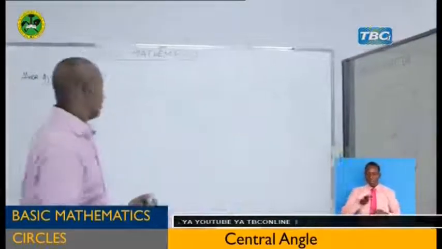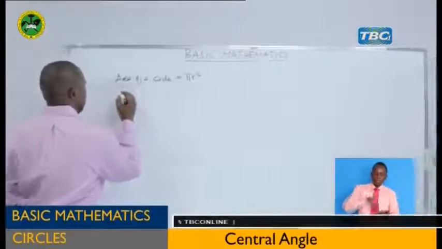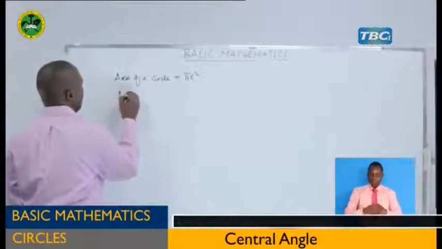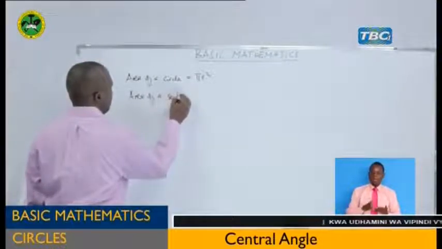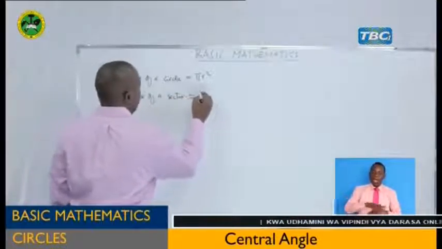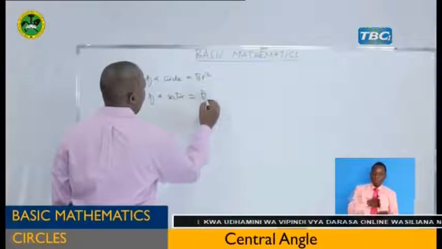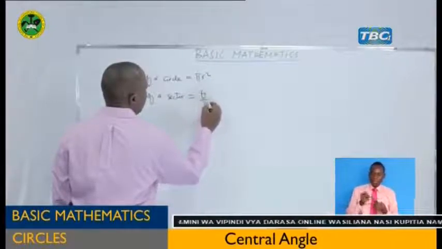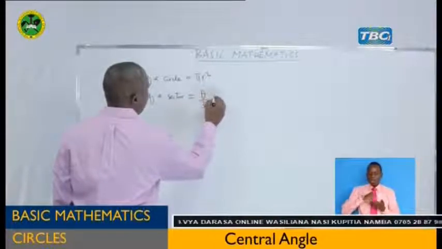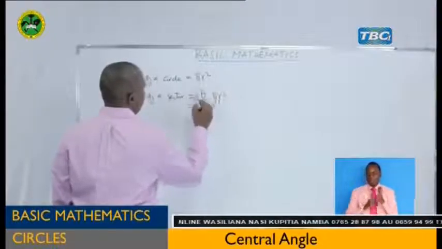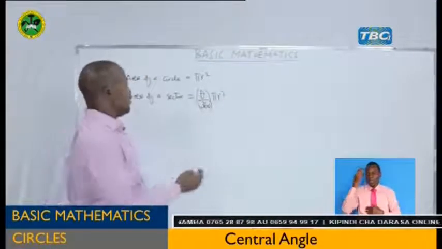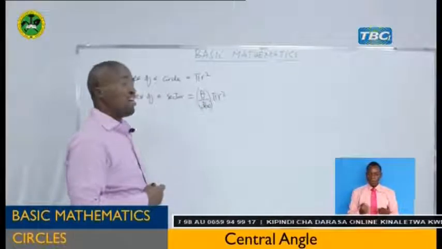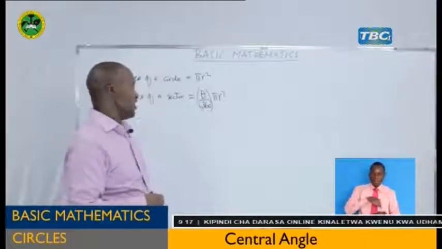So the area of a sector will be theta over 360 times pi r squared, because that portion of a sector is represented by theta over 360.